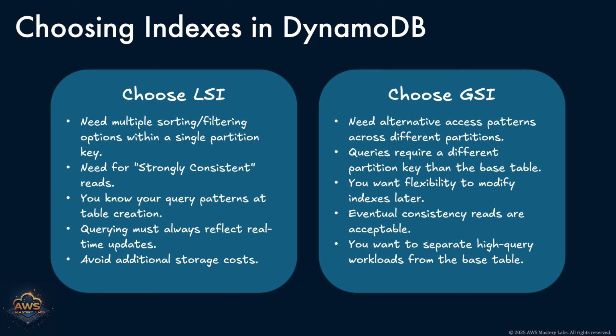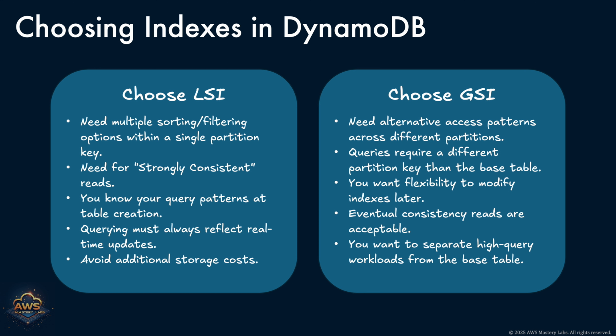This makes GSIs especially powerful in applications where data needs to be retrieved by multiple different fields. A major advantage of GSIs is that they can be created or removed at any time, allowing your data model to evolve as business needs change without needing to recreate the entire table.